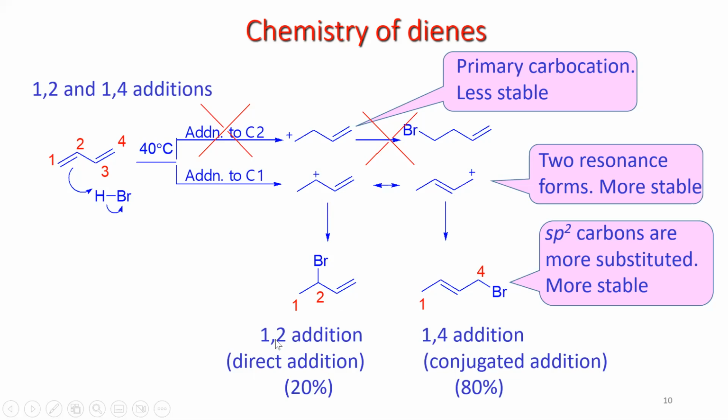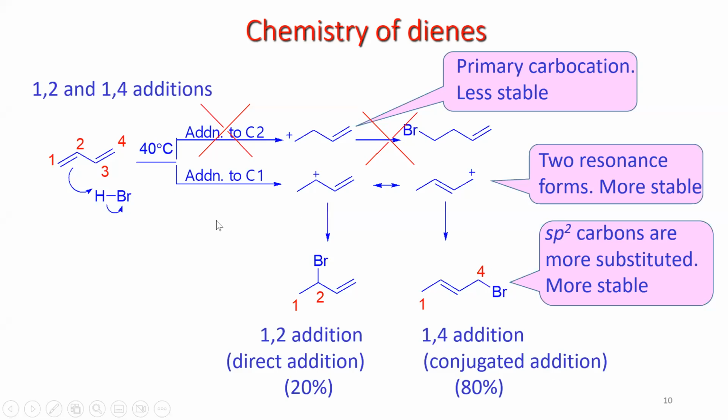You can see why it is called 1,2. The first carbon atom is this, second the hydrogen is here, Br is here. In this case, hydrogen is here and Br is attached to the C4 carbon atom, right? So it is called 1,4 addition, and we call it conjugate addition also.